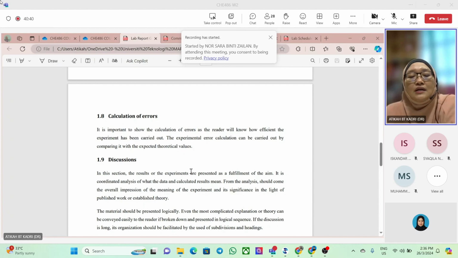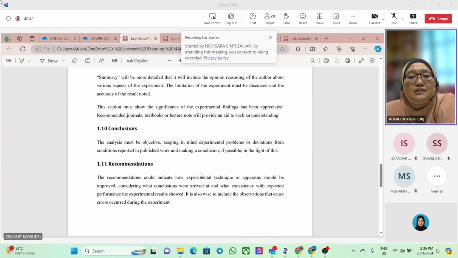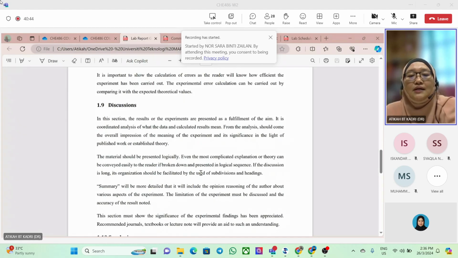Right. So the most important bit is the discussion. This discussion has to be related to your results, and you should highlight things that are relevant to your experiment. So some analysis needs to be done.